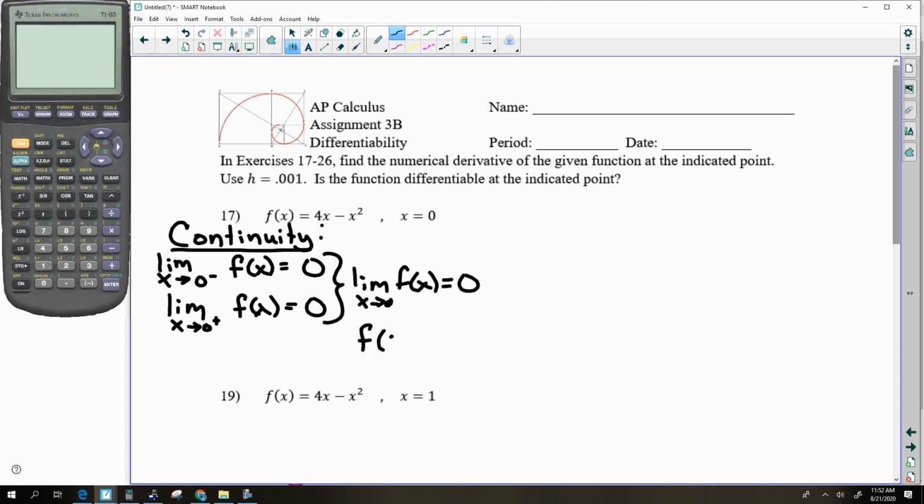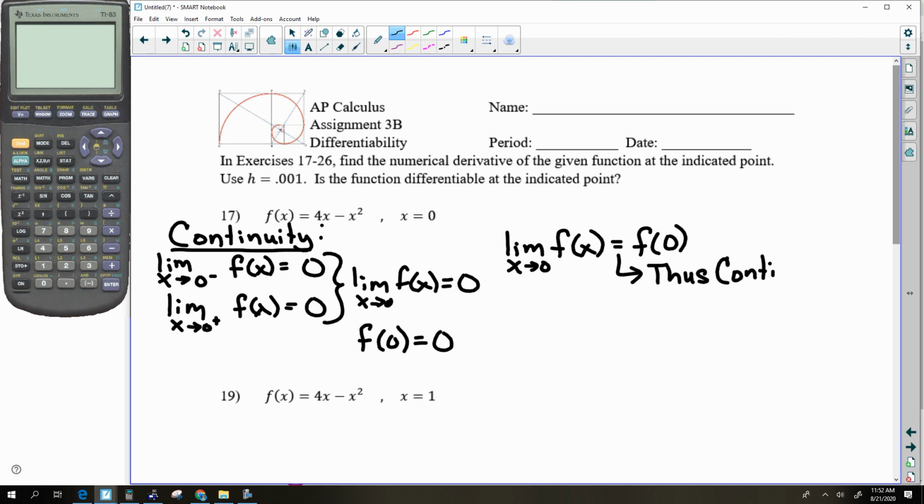Now let's test the actual point at 0. The actual point is 0. So I notice that the limit is equal to the point, thus continuous.